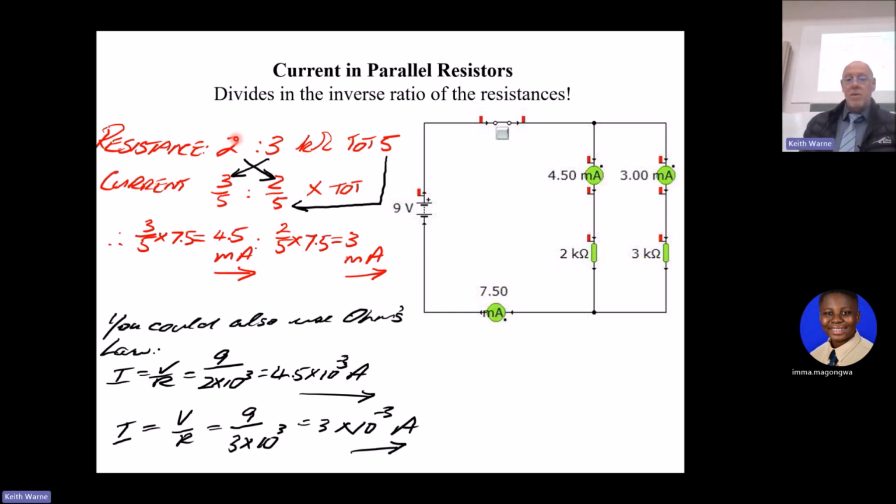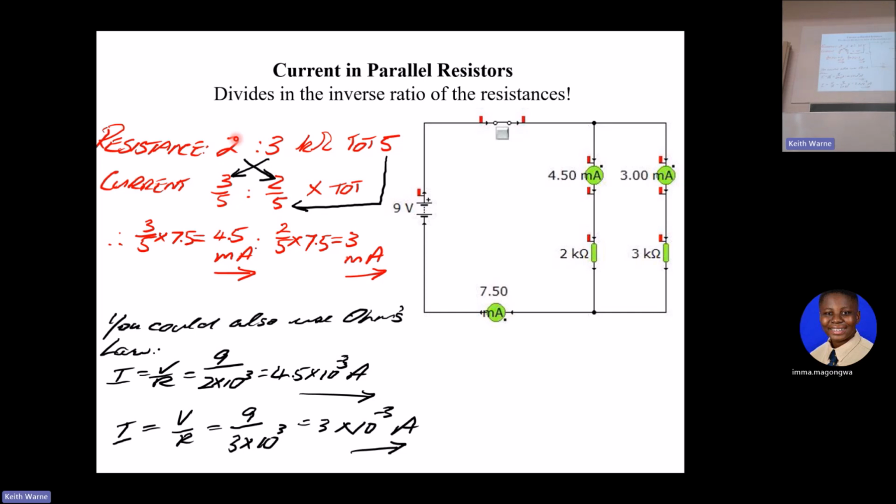Why is it 2 is to 3 and then the other is 3 and 5 is 2 and 5? Because it's the ratio over the total. The total resistance is, yeah, if you just add the 2 resistances, total is 5. So the 2 and 3 must switch over. Yes, because the biggest resistance gets the smallest current. Okay. So why are we doing it so complicated with ratios?